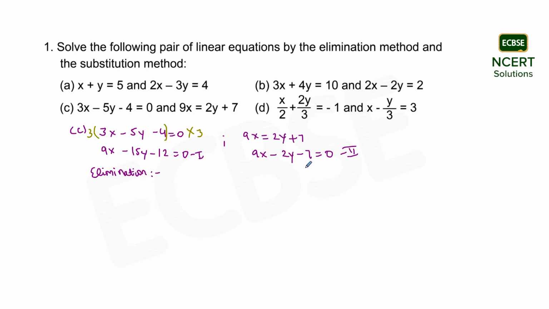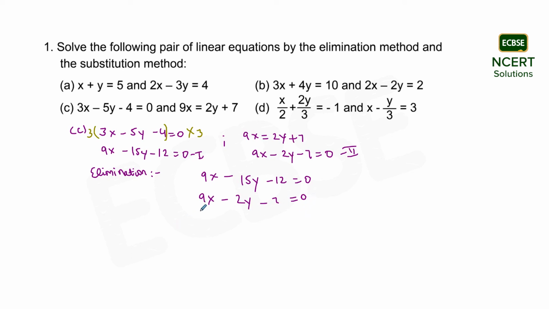Now subtract the second equation from the first equation. First writing the first equation, that is 9x minus 15y minus 12 is equal to 0, and the second equation is 9x minus 2y minus 7 is equal to 0. Right. These are the two equations.